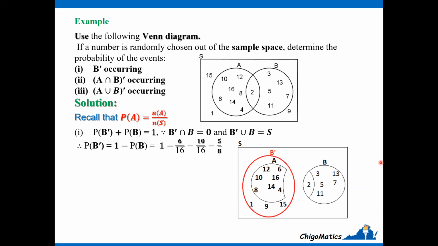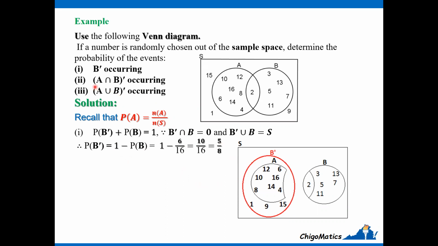It will be 10 over what is in the sample space, which is 16. You still get the same answer. It's one way of checking. Does it work to say when events are complementary, they are mutually exclusive and exhaustive? This is what I'm trying to demonstrate here.